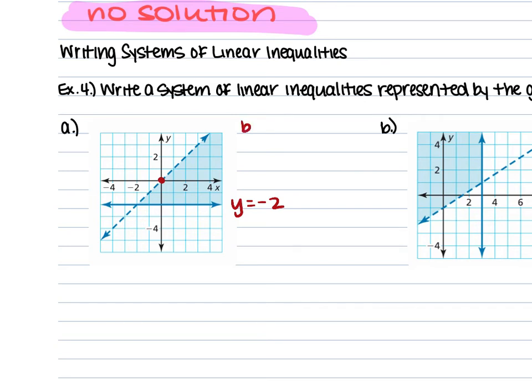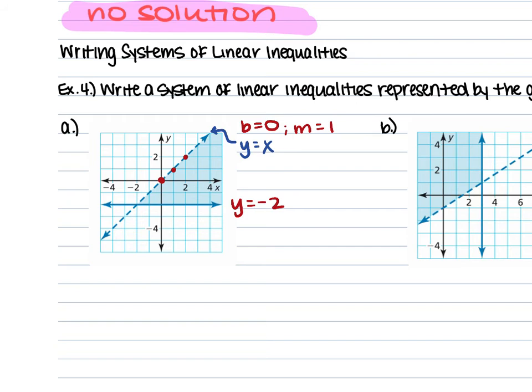So my b value is 0. My slope is going up 1 to the right 1. So that's a slope of 1. This line is going to be y is equal to, my slope m is 1, so that's 1 times x, which is just x, and my b value is 0. So that's plus 0, or just y is equal to x.